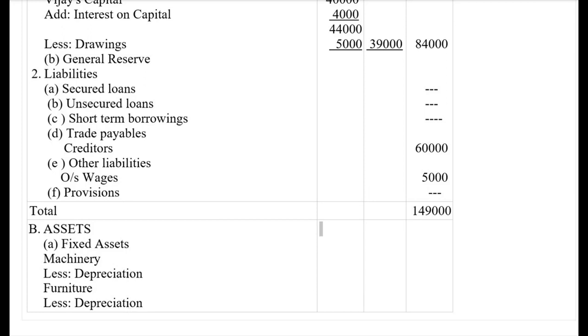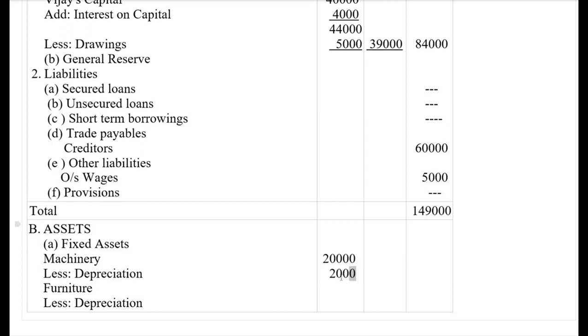So now let's fill up the values here. The amount of machinery value given is rupees 20,000. So 20,000 less depreciation will be 10%, means it will be 2,000.